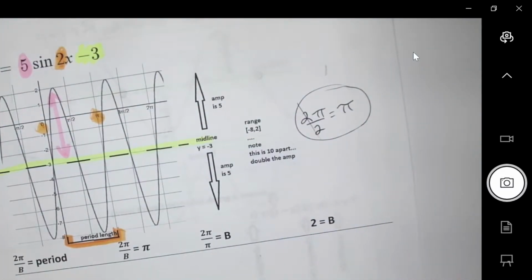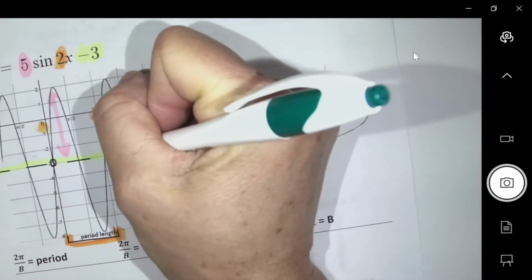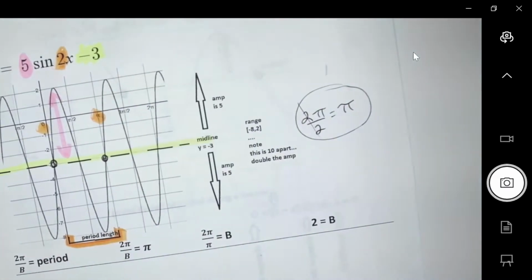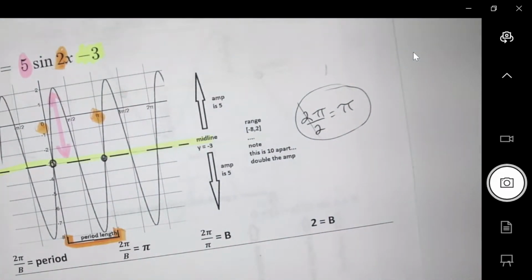You see how I only moved a pi to get from this point to this point again, it only took me pi instead of 2 pi. So it changed that.